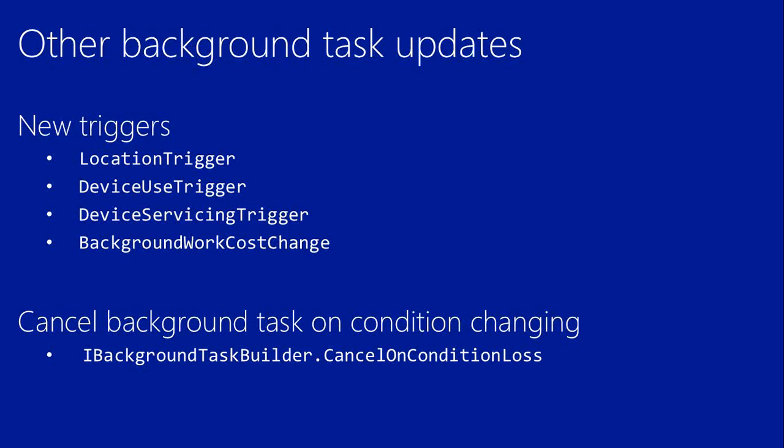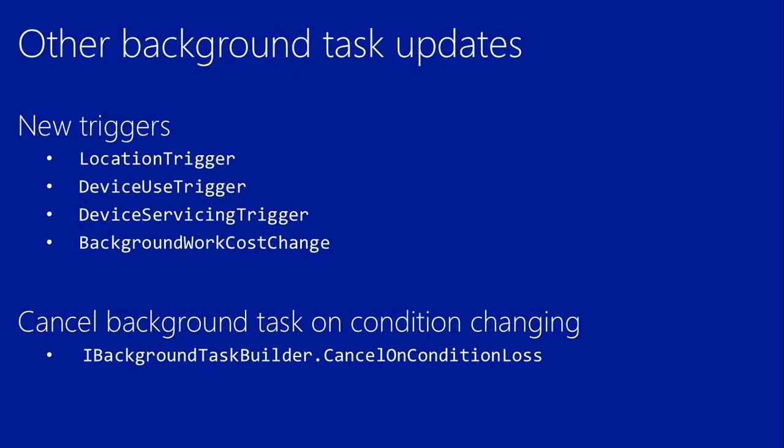Then cancel background task on condition loss. What happens is, remember I told you that for a background task there can be 0 or 1 condition, and you need to satisfy all the conditions for the task to run. So cancel on condition loss means, let's say you have a condition that internet is available, but you go into a tunnel and there's no more internet available.